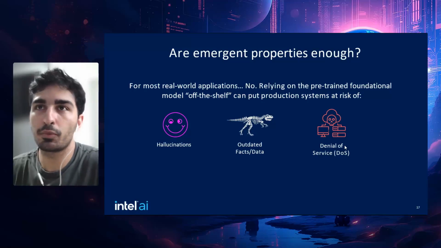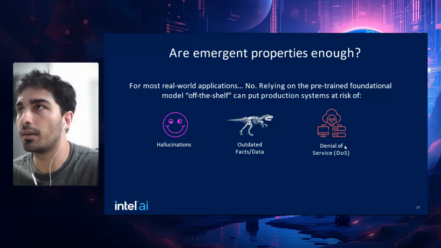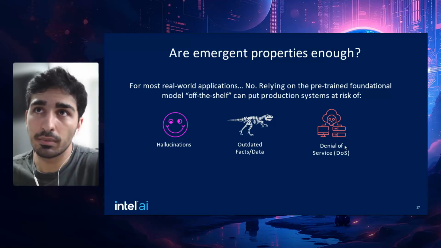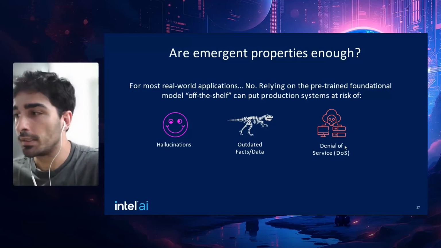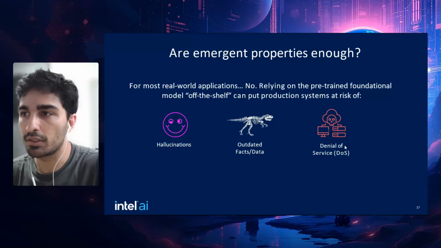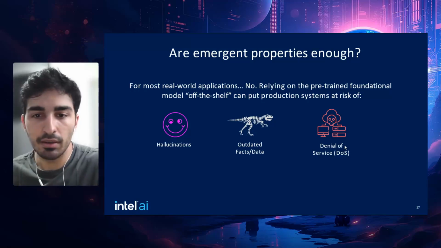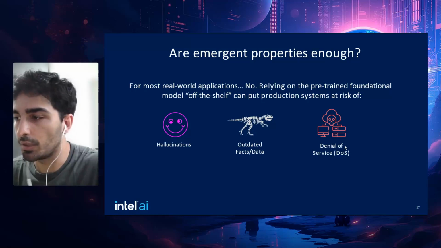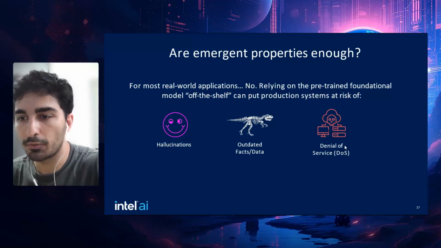We listed here three reasons, and the first is a lot of hallucinations. In very specific or niche applications, some of the LLMs, mostly the smaller ones, tend to hallucinate a lot. They tend to make stuff up. They tend to create false truths.